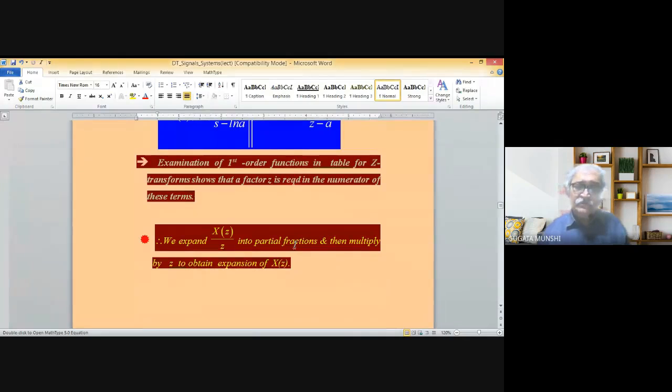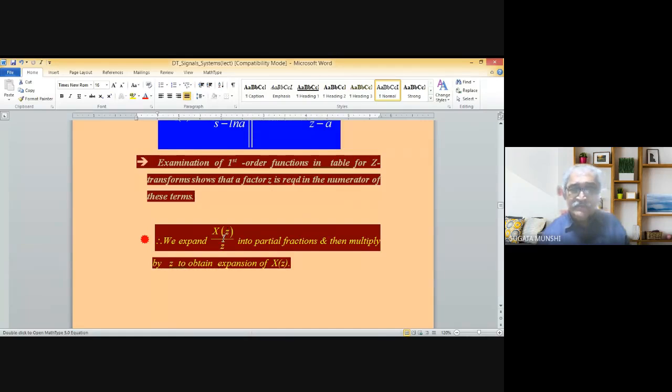If you have knowledge of X(z) as a ratio of polynomials in z, your first duty will be to obtain X(z) by z. Then once you obtain X(z) by z, you expand it in terms of partial fractions. Once you expand it in terms of partial fractions, cross multiply by z to get the partial fraction of X(z). That is only when X(z) is obtained as a ratio of polynomials in z.